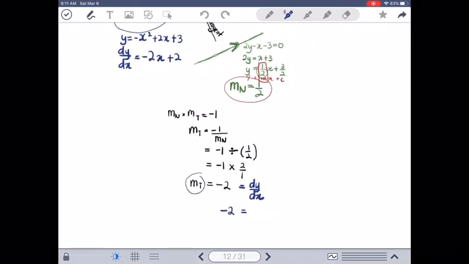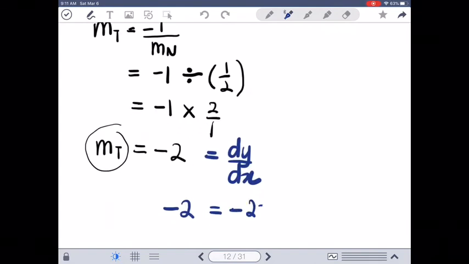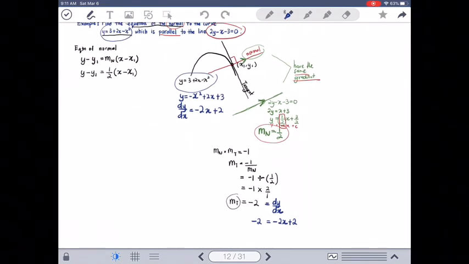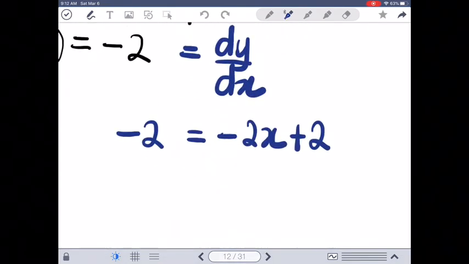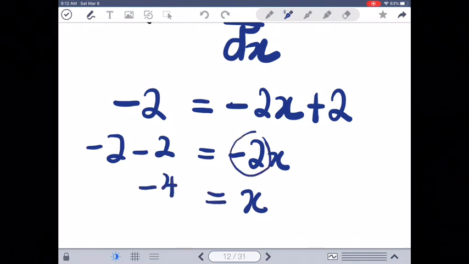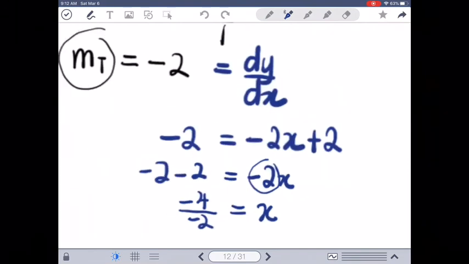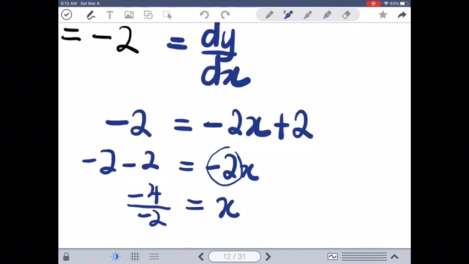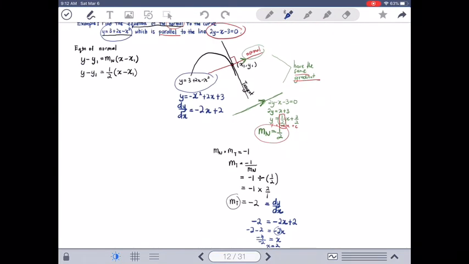Which means that this is just equal to -2x plus 2. Let me double check. Alright. Which means that -2x equals -2 minus 2. So -2x equals -4. Divide by -2, so we have x equals 2. Right?